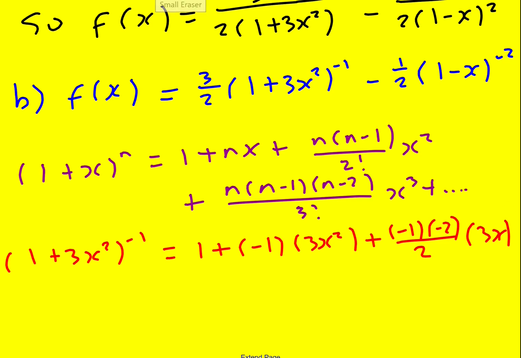Sorry, 3x squared, squared, this bit is. I'm just struggling to fit it in. Okay, and actually, because I only want to go up to x to the 4, that's all I need, the first 3 terms. Here I've got a double negative, so it's going to be 2. That's going to cancel out, so I'm going to get plus 9x to the 4. Nice one.